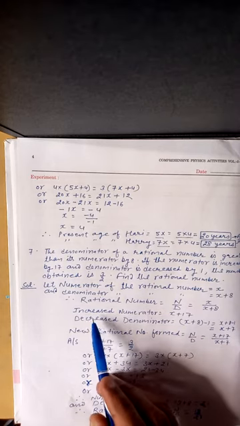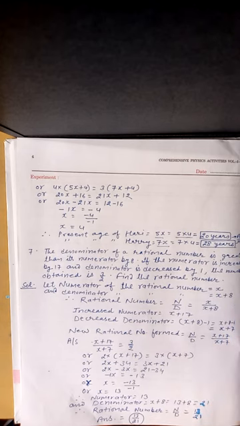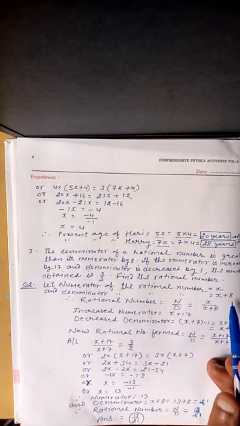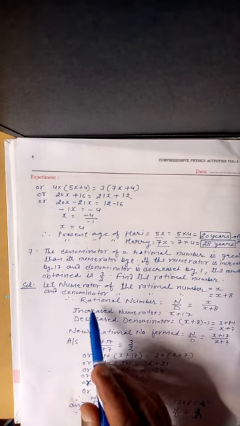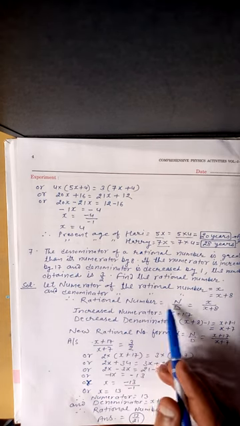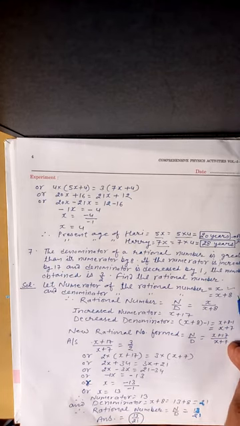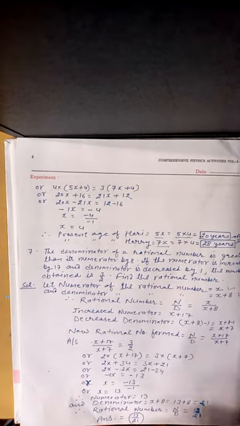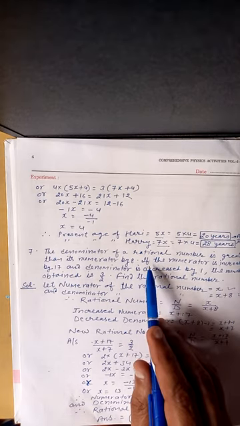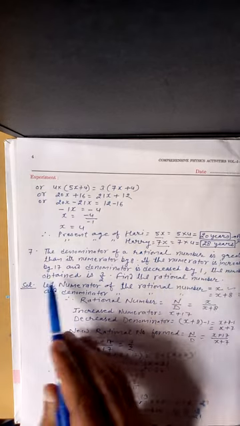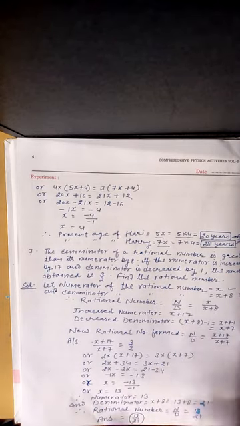Therefore the denominator of the rational number will be x plus 8. More means greater. Therefore the rational number is equal to numerator upon denominator, x upon x plus 8. In the next line, if the numerator is increased by 17, the increased numerator will be x plus 17.